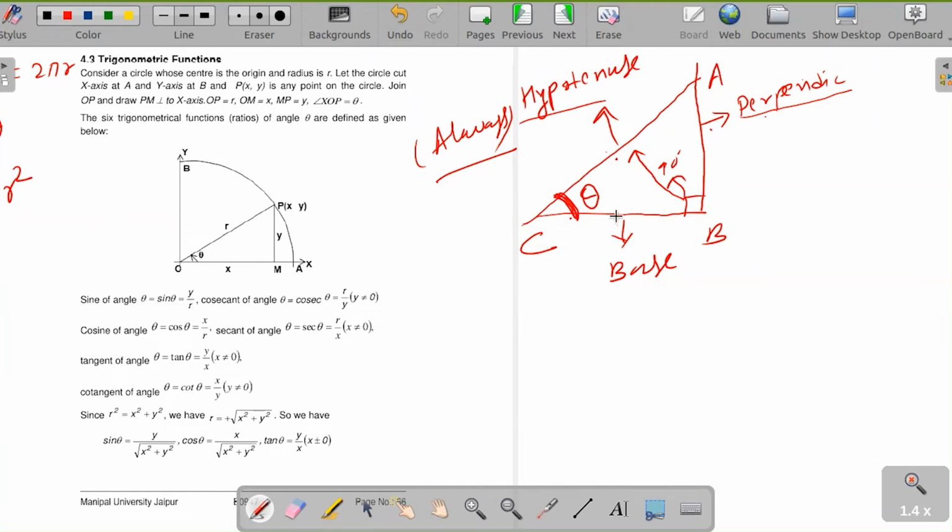Base and perpendicular depend on the angle. If we consider this angle, then the base will be the attached side and the perpendicular will be the opposite side. But if we consider this angle, like this is x, for x, base will be the attached side like AB, and perpendicular will be the opposite side like BC. Clear, everyone? Yes. Do you have any doubt? Okay.